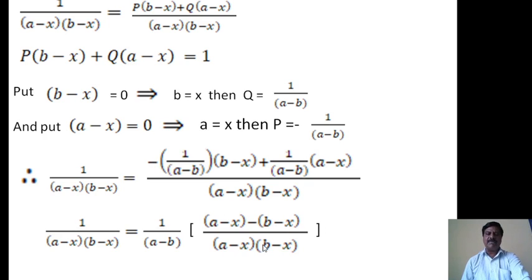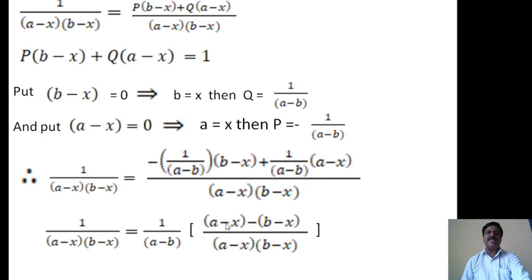Then make it a variable separation. I can write 1 divided by (a minus b) into [(a minus x) divided by (a minus x) into (b minus x), minus (b minus x) divided by (a minus x) into (b minus x)].